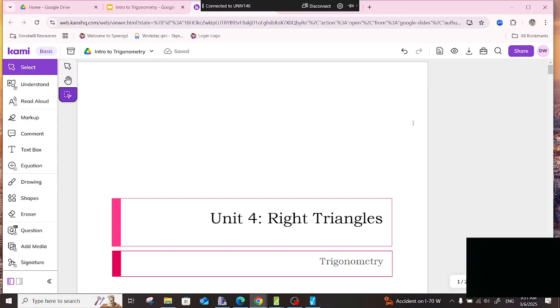Surveyors use trigonometry all the time. If I wasn't a math teacher, I would look into that. Now, instead of risking their lives out in the middle of the road with their tripod, guess what they're using? Not phones, drones. They're using drones now to do a lot of the measurements for them.